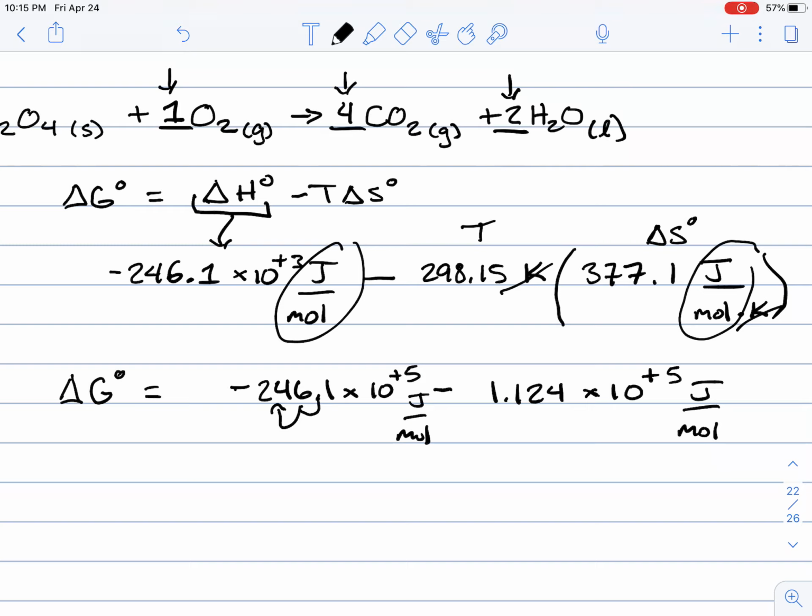Okay. And so I can go ahead and resummarize as 2.461 times 10 to the positive 5 joules per mole. And so I'm just going to go ahead and carry this part down.